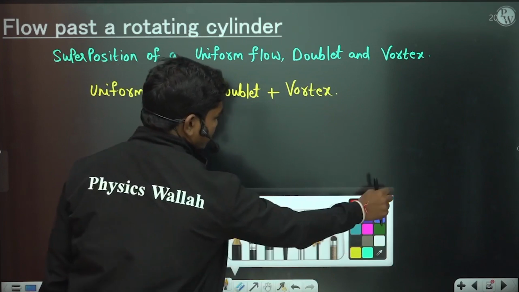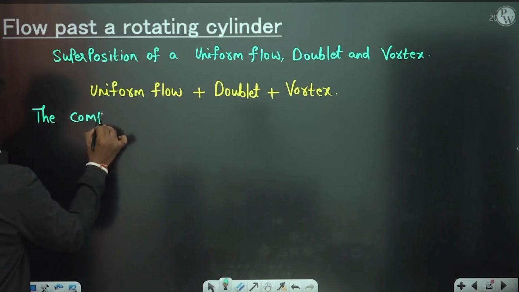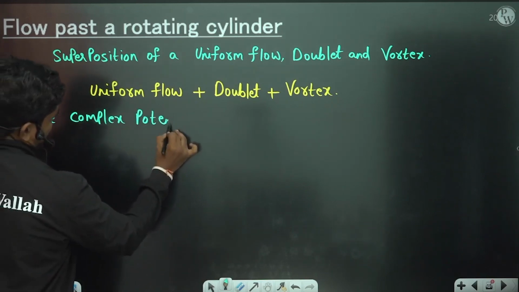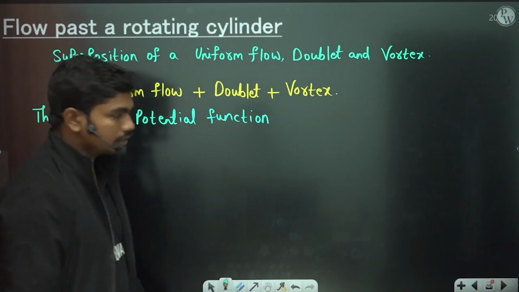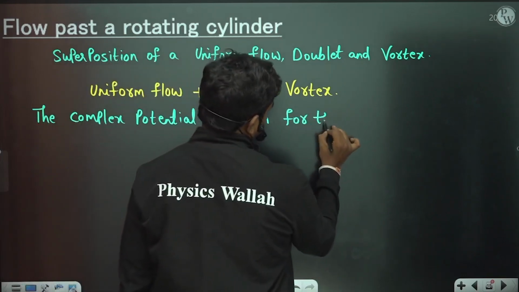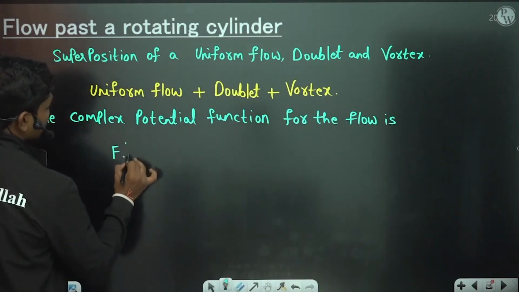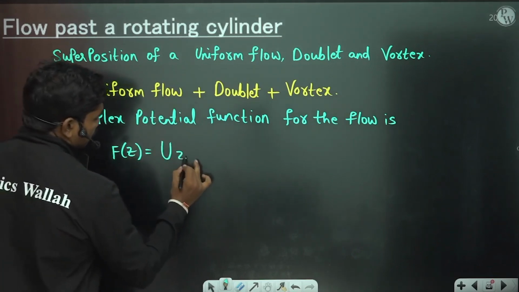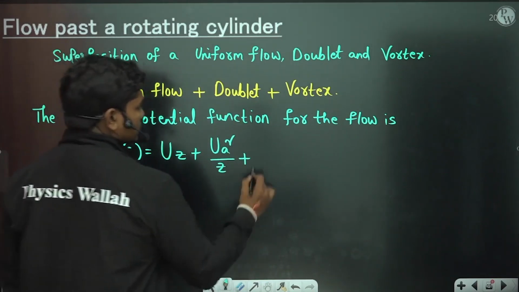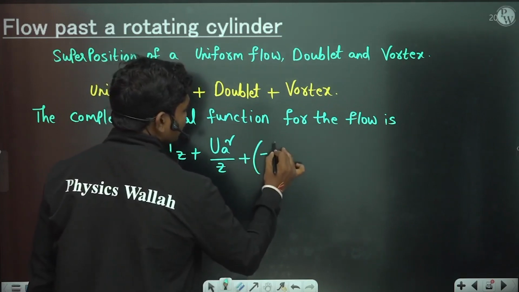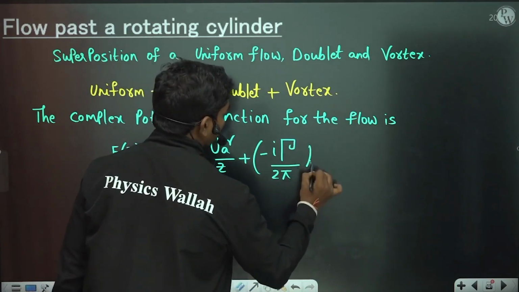Therefore, f of z, you straight away calculate this f of z, the complex potential function for the flow. f of z is equal to, for uniform flow, Uz, plus for doublet, U a square by z, plus for vortex, minus i times the circulation gamma by 2 pi times log z to the base e.